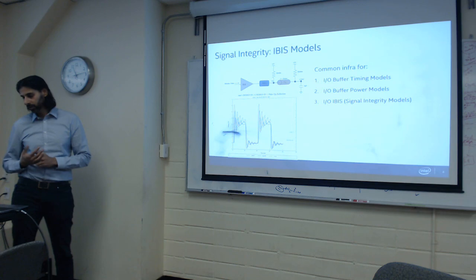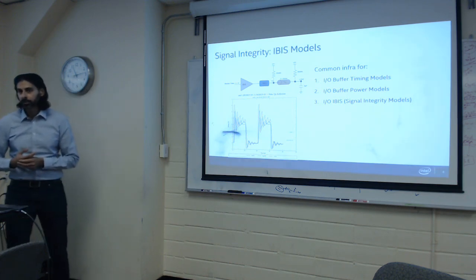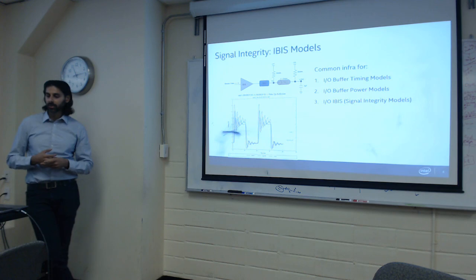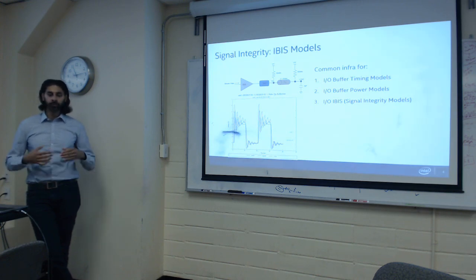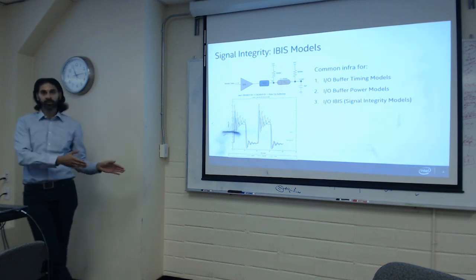That's not the only thing my team works on. Another technology that we develop is signal integrity models. So for IOs that communicate to the outside world from an FPGA, you often find that you need to do link level analysis to figure out metrics like overshoot, undershoot, signal integrity, make sure that when you're communicating a 1 from the FPGA, it's recognized as a 1, and 0 is recognized as a 0.